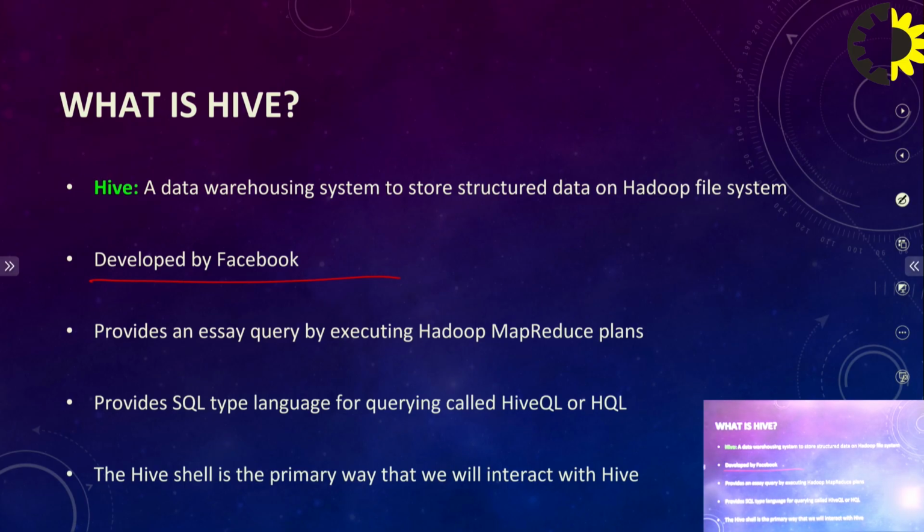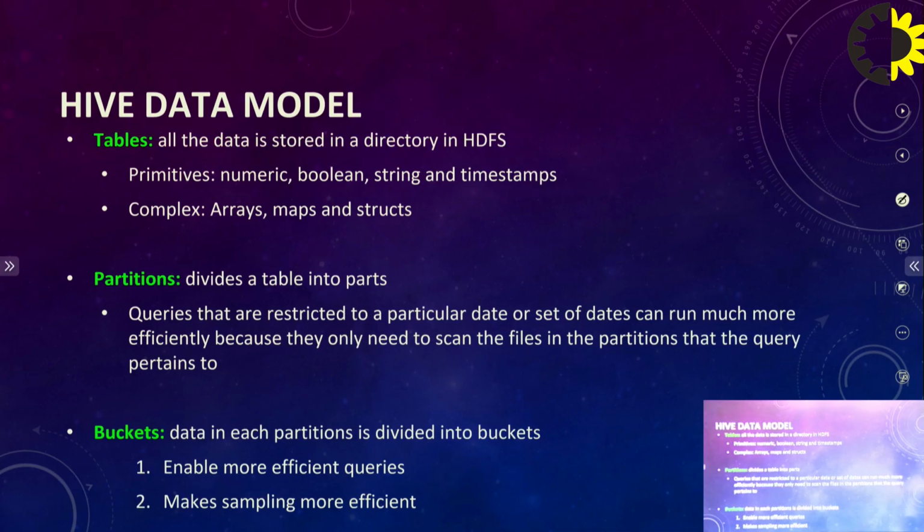It provides an SQL-type query by executing Hadoop MapReduce plans. Next, it provides an SQL-type language for querying called HiveQL or HQL. The Hive shell is the primary way that we interact with Hive.